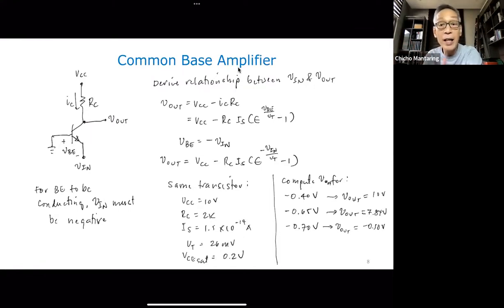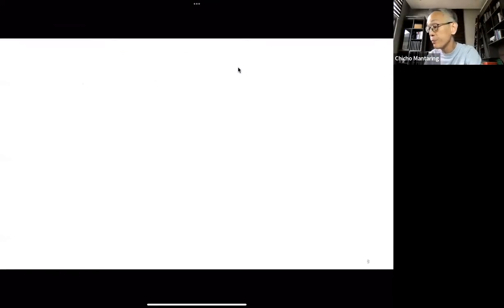Yung VCE natin cannot become smaller than 0.2. In other words, if VCE is already at 0.2, it will no longer change. It will stay at 0.2. Now, theoretically, the output voltage should be V in plus VCE.